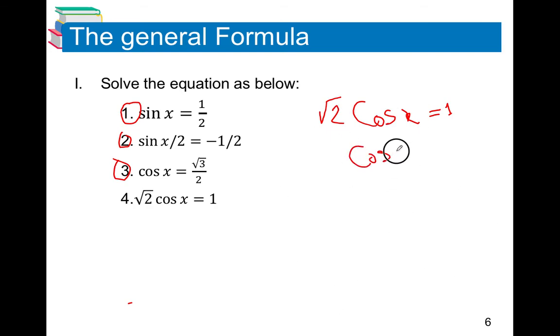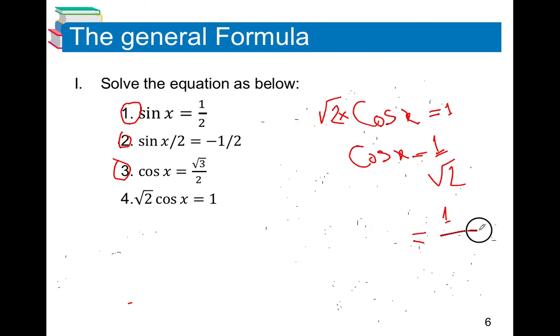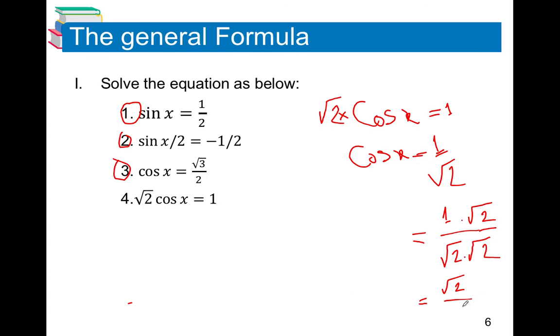We move square root 2 to the right side, so it becomes divide, meaning 1 over square root 2. We can write 1 and multiply with square root 2, and the bottom also multiply with square root 2. So we can write square root 2 over 2.